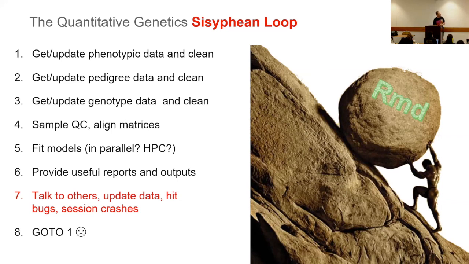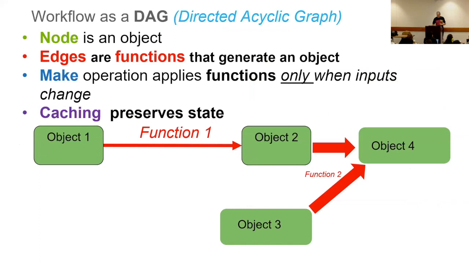They don't really scale. So the alternative to the linear notebook or script approach is to use a directed acyclic graph representation. The make function, the classic Unix build function, is the classic example of this.